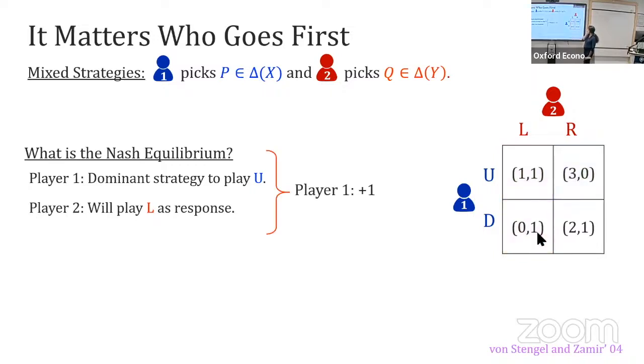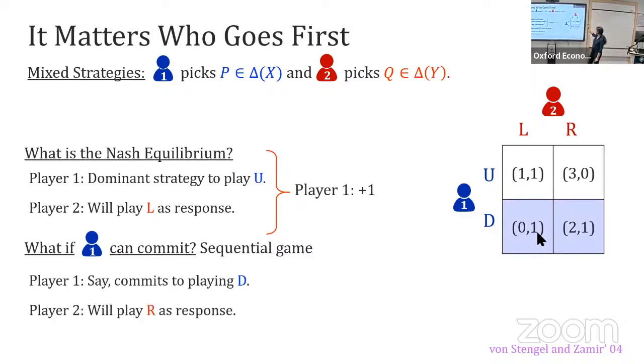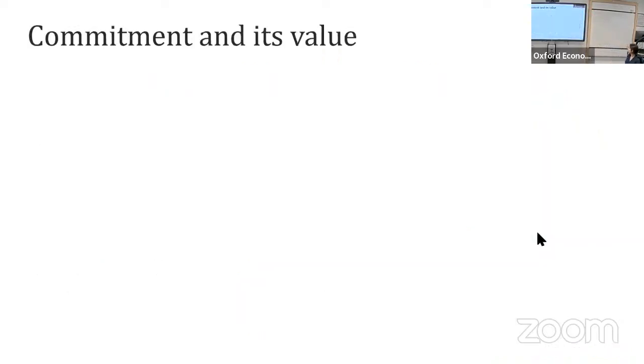Whereas if the row player wanted to commit, so that it wasn't stable but it was committed, he could have played down and then let the column player respond with right, and get 2 here. In fact, the optimal commitment would have been something in between, where you do almost 50-50, a commitment to a mixed strategy. So we are going to be talking about commitment and its value a little bit.